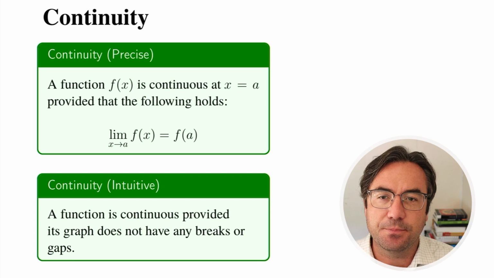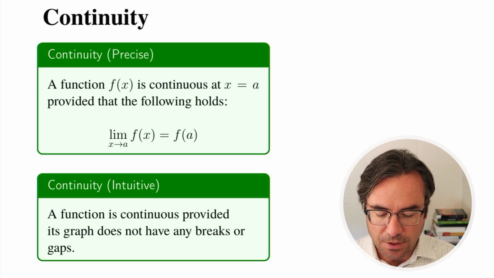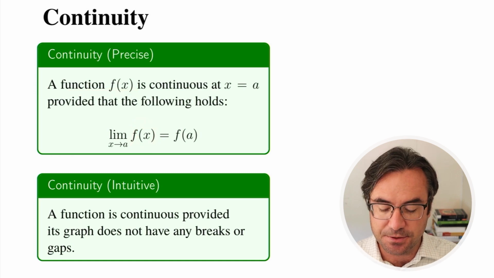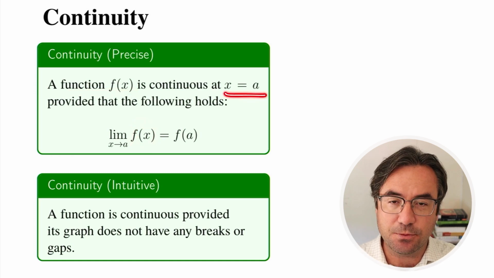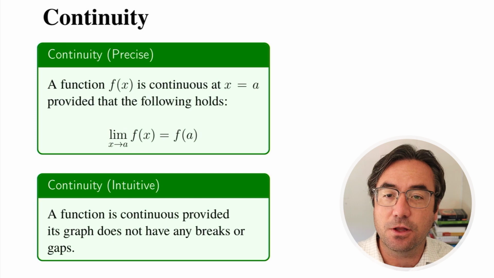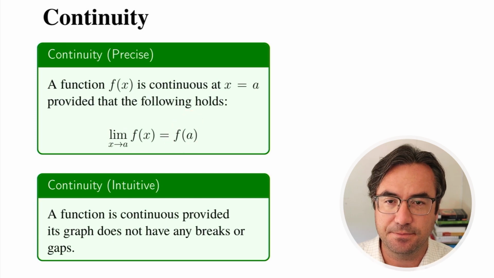Continuity, the way we precisely define it, there's a limit definition. What it says is that if our function f is continuous, what happens at x equals a is that the behavior of our function as x gets close to a is equal to the function value right there at a.